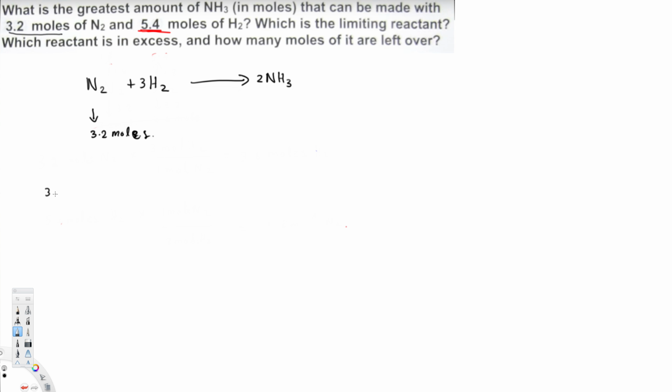So we have 3.2 moles of N2 multiplied by 3 moles of H2 divided by 1 mole of N2, that gives us 9.6 moles of H2, right?